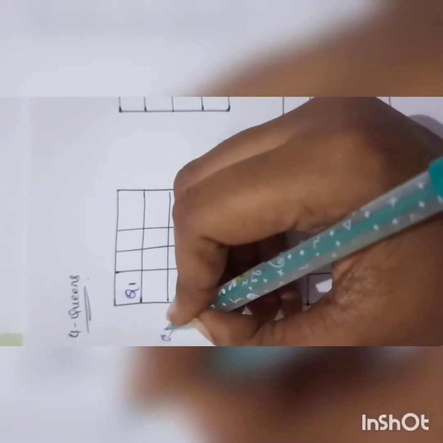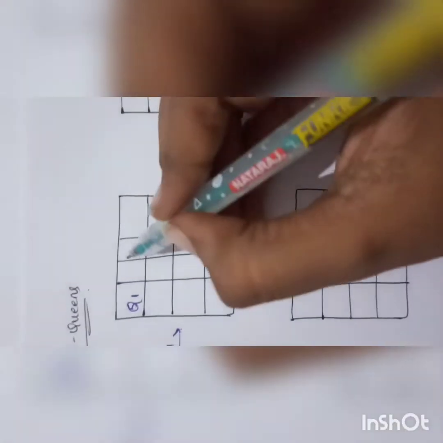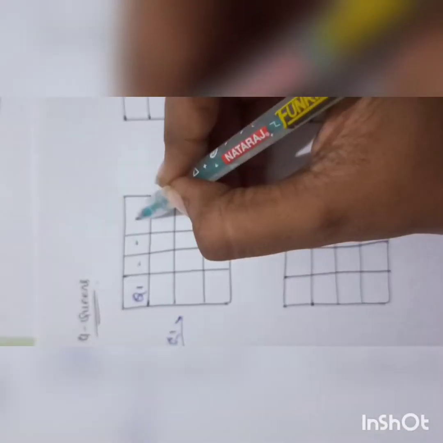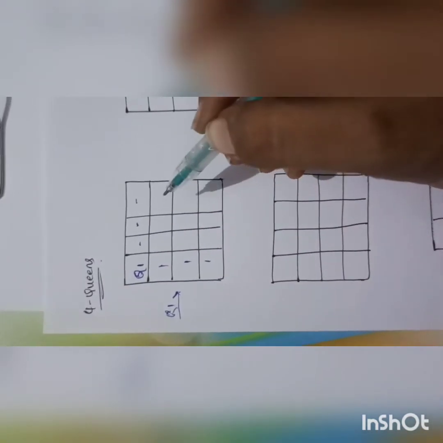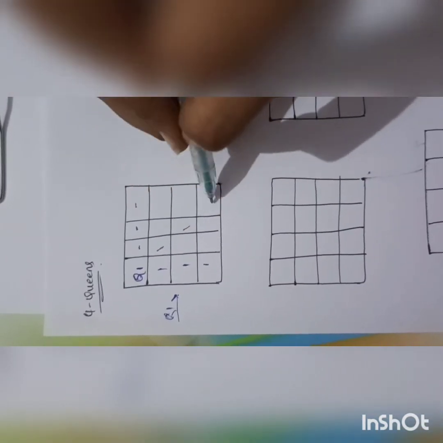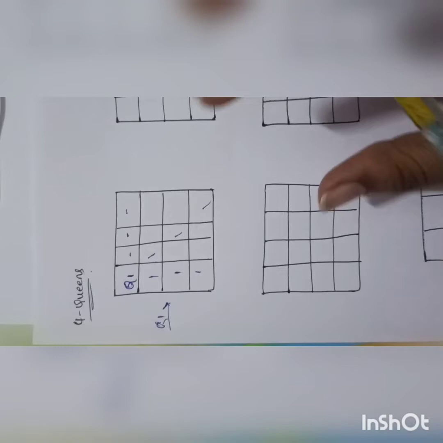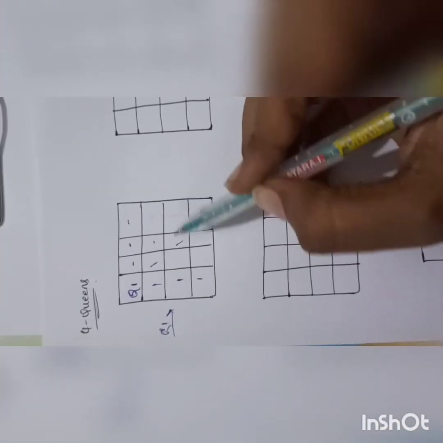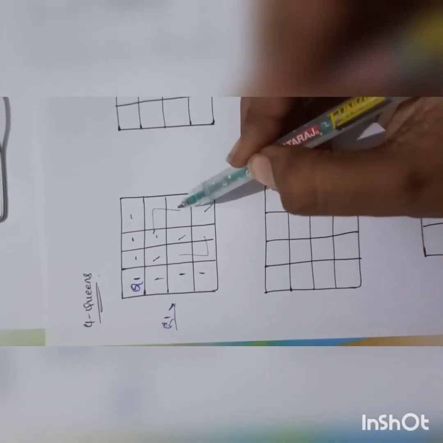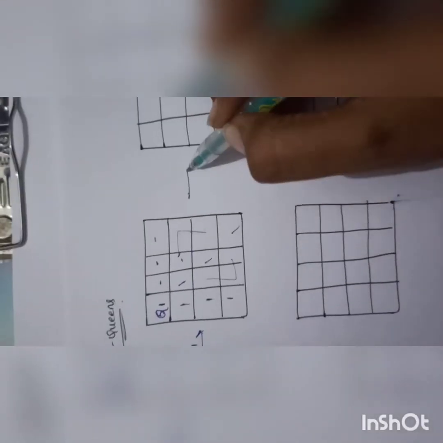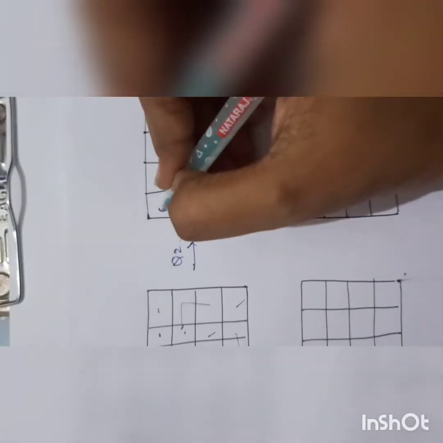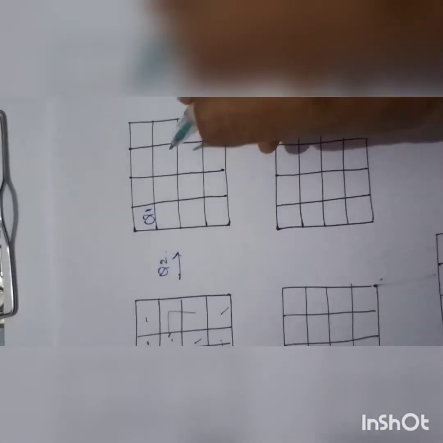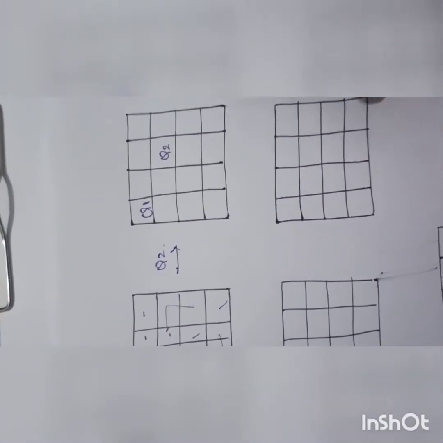Here we should not place in the same row, and we should not place in the same column, and we should not place in the same diagonal. Now there were 3 more spaces for queen 2. Let us place queen 2. Here queen 1 and here queen 2.